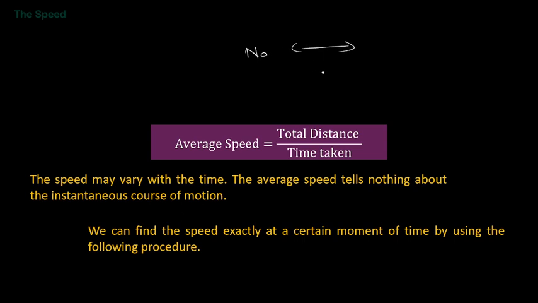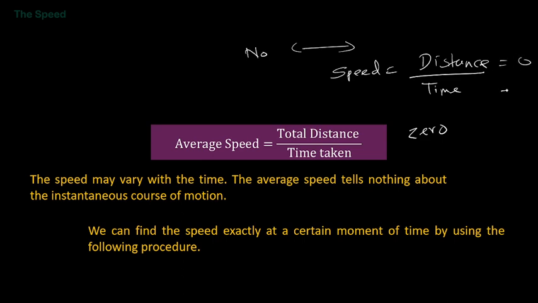But when we consider a particular moment of time, the body is stationary for that moment. It travels no distance. But speed is obtained by dividing distance by time. And if you only consider the moment of time, it means zero time. No time passes, and when no time passes, no distance is traveled, meaning both distance and time will be zero and the speed cannot be calculated.